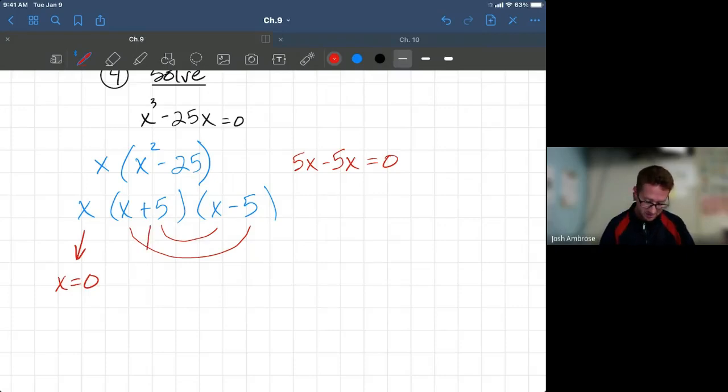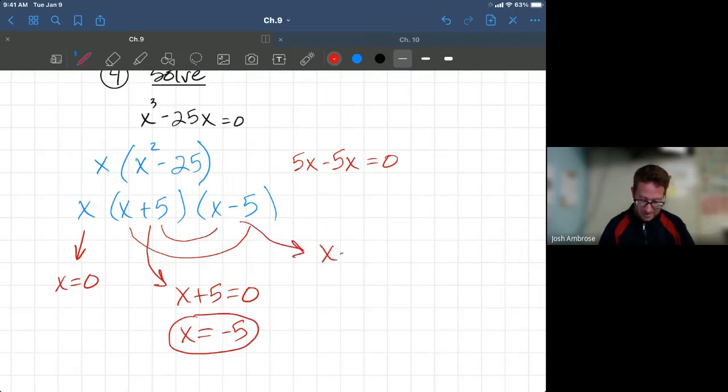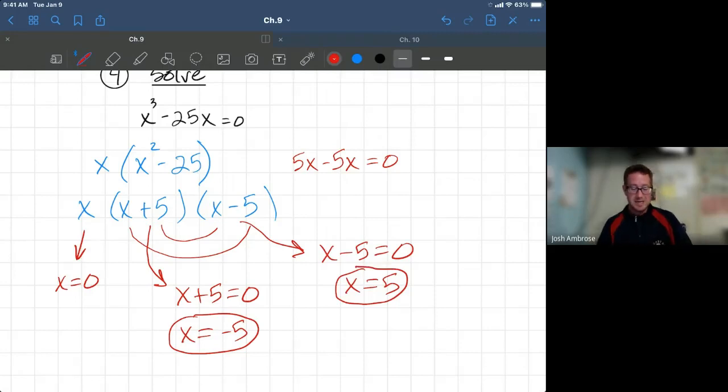This one right here, x plus 5 equals 0, x equals -5. And the last one right here, x minus 5 equals 0, x equals 5. We actually have 3 answers for this problem: x is 0, x is 5, x is -5. That's solving this entire problem.